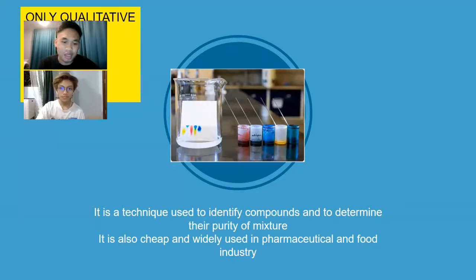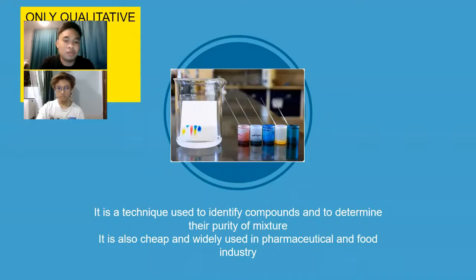Firstly, it is a technique used to identify compounds and to determine the purity of a mixture. It means that we need to know what this particular compound is and what its polarity is, and it can be used to separate many different mixtures.